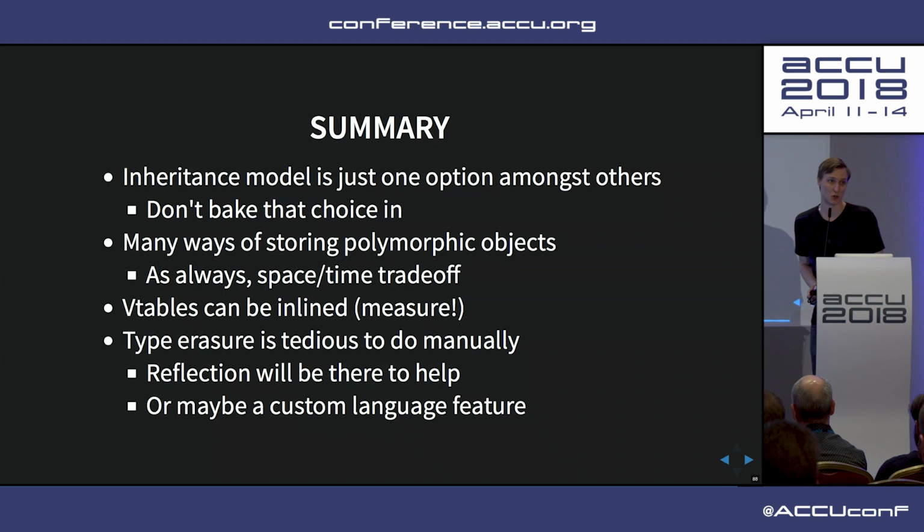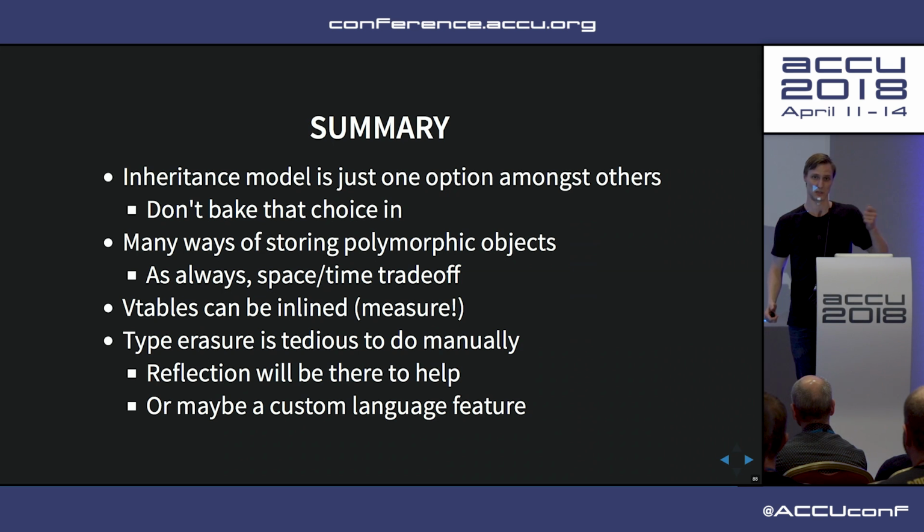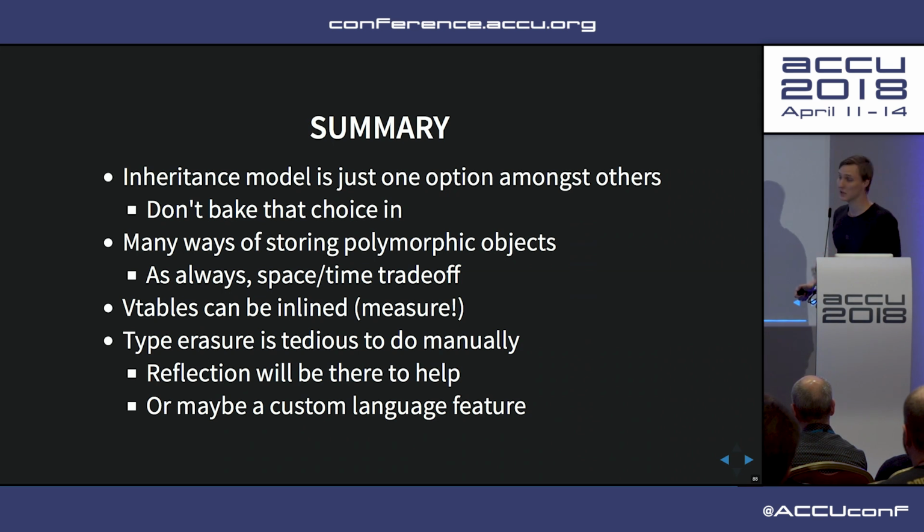So as a summary of this talk, if you're just going to walk away with a few things, first of all, inheritance is just one model for runtime polymorphism. There are other options. They might not always make sense, but they exist, and it's good to be aware of those. So don't bake the choice of inheritance into a design upfront. There are many ways of storing polymorphic objects.